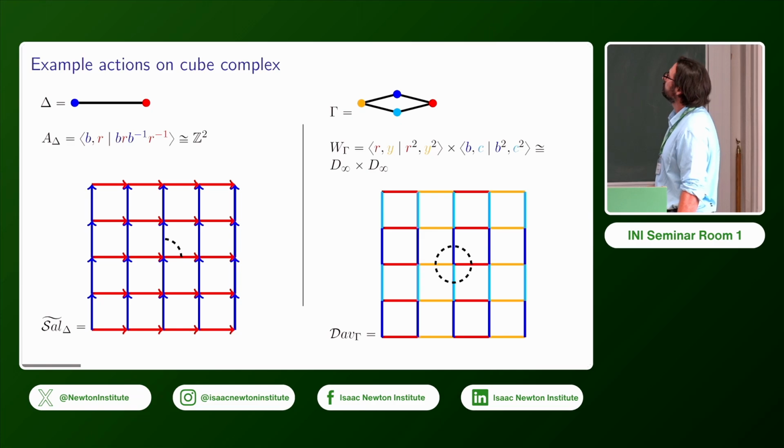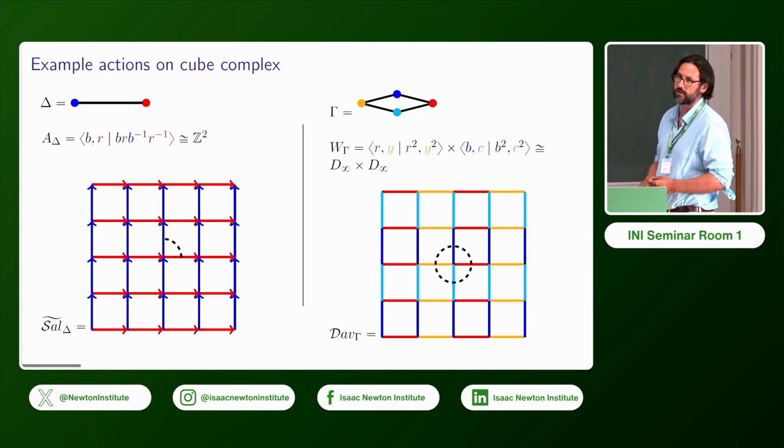And on the Coxeter group side, so here's an example presentation graph for a Coxeter group. So I have 4 vertices, so 4 generators. Each of them has order 2. For the red and the yellow, right, there's no edge. So here there's no relation that involves red and yellow, and there's no relation that involves blue and cyan. But blue and cyan both commute with both of red and yellow.